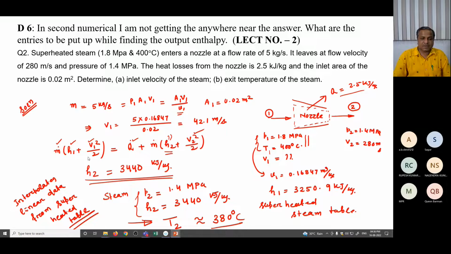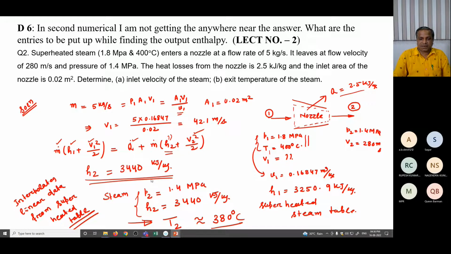Now, using the steady flow energy equation, which we derived in this lecture, all the data are known. We have m dot known, and H1, the enthalpy for this initial condition, is also known. We do not know H2, but V2, the leaving velocity of 280 meter per second, is also known. Q is also known. So this will give you the H2 value.